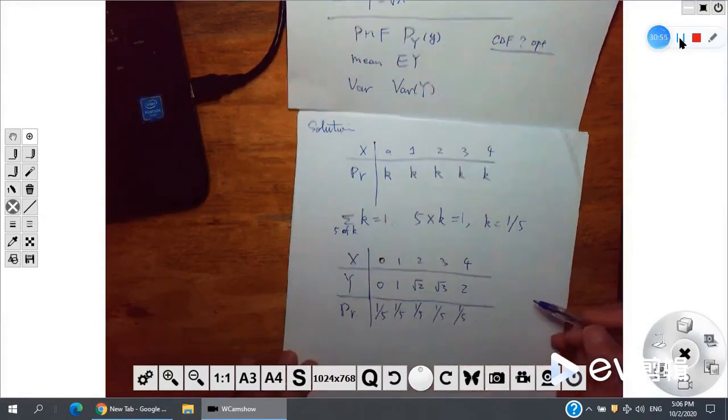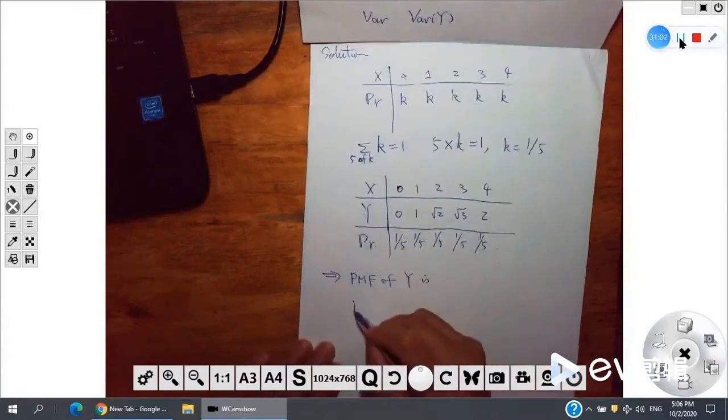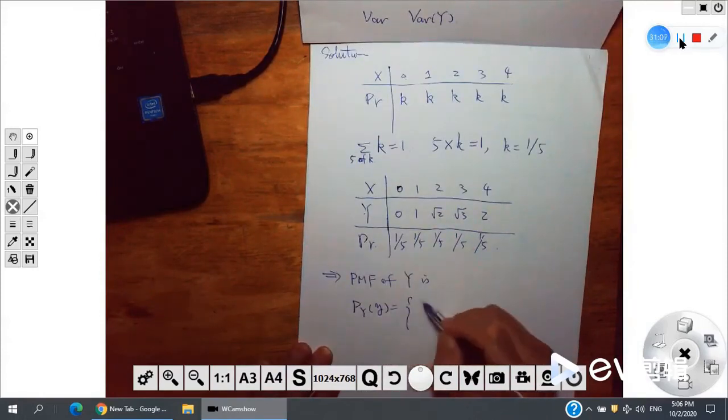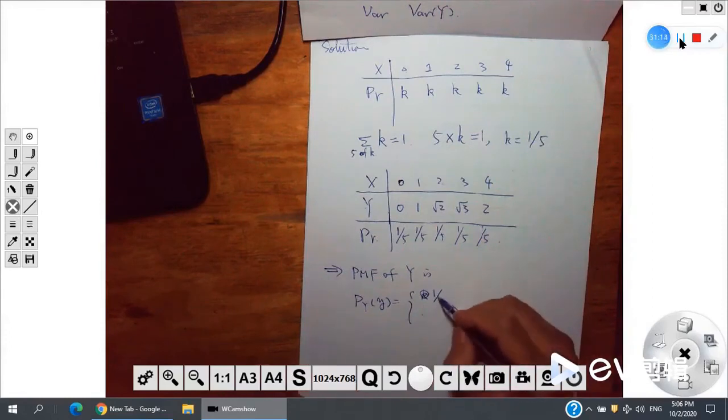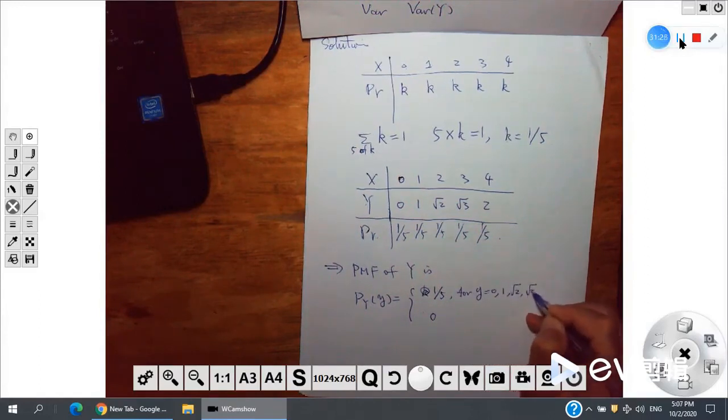Okay, now we have the PMF of y. P_Y(y) equals k, or 1/5. We don't need to put k because I have the value, right? If I put k, that means I don't know it and I need to find it. Now I have it, it's 0.2, 1 over 5. Otherwise it will be 0. Here for y equal to 0, 1, square root of 2, square root of 3, or 2.